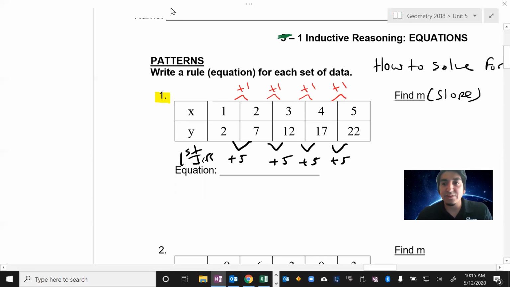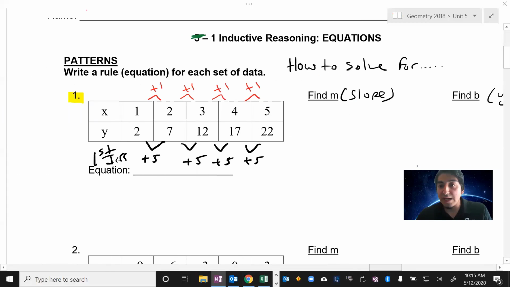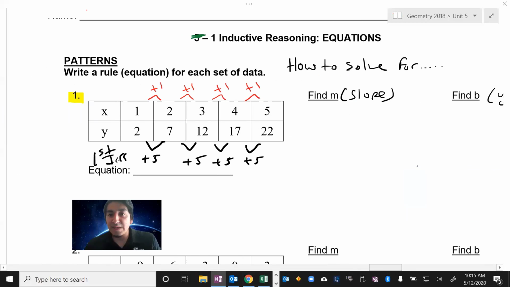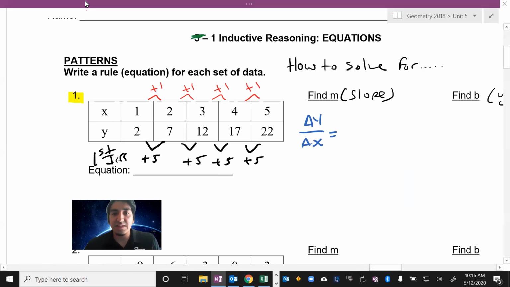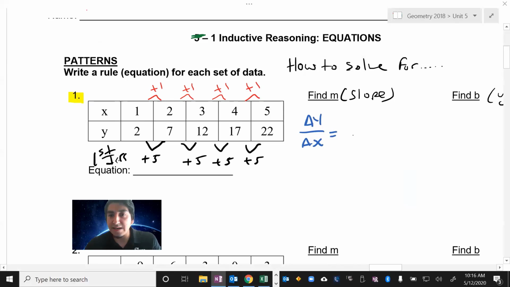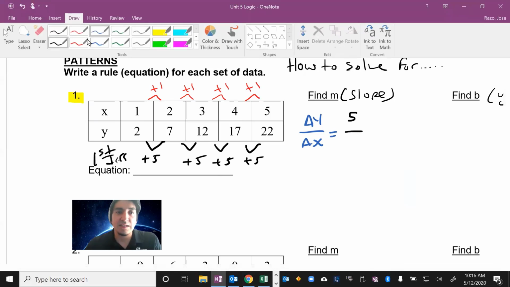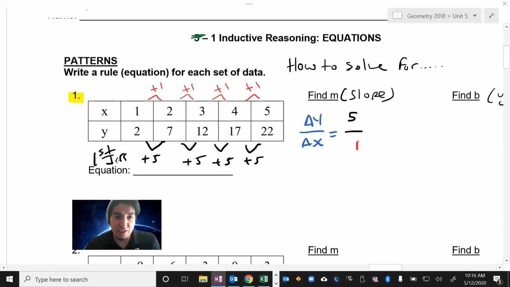So if we're trying to build this, find a slope, I'm going to take what I already know to create it. Now, that means change in y over change in x has to be equal to whatever I find. So I have 5 is my change in y, and then my positive 1 is my change in x. So this is my pattern, which is simply going to become just regular 5.